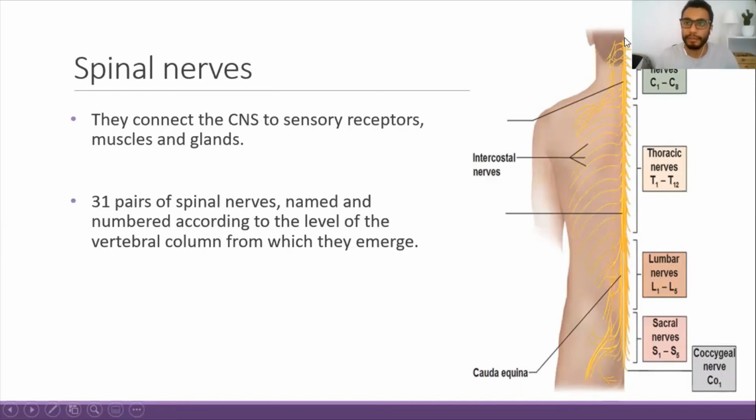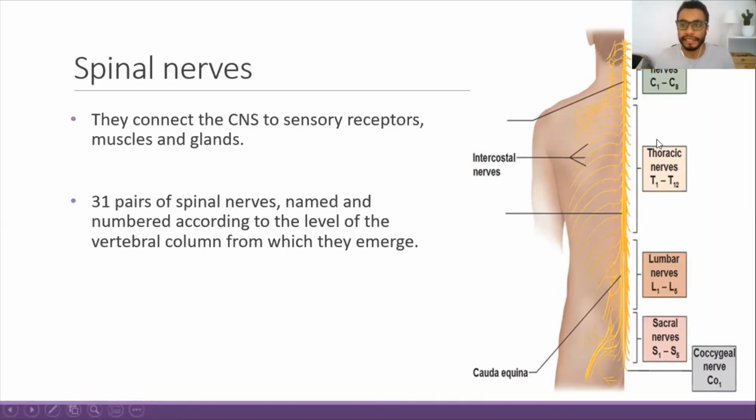From C1, in the cervical area, we have 8 pairs, so from C1 to C8. C8 comes right between vertebra C7 and vertebra T1.